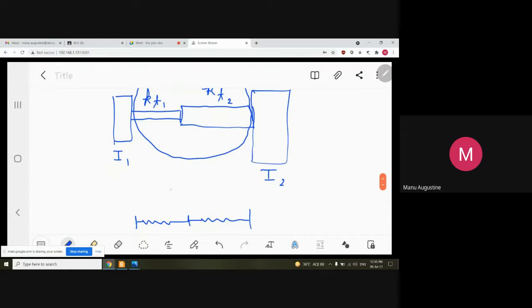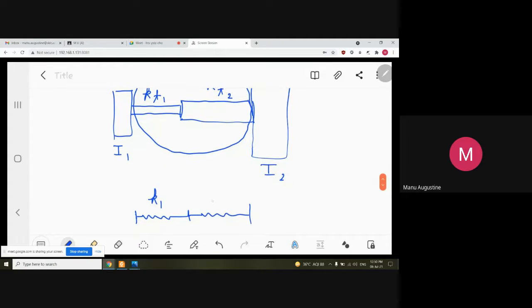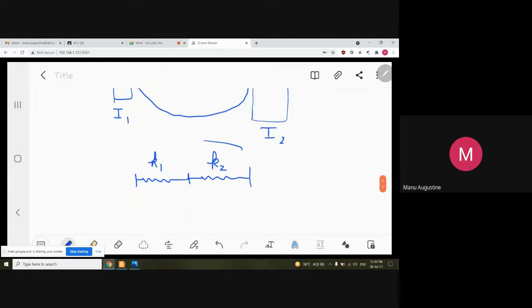See, instead of the shafts, I'm simply drawing two springs, and instead of KT1, I write a spring constant K1. Instead of KT2, I write a spring constant K2. Now, how do you convert these two springs in series into an equivalent spring? It's very simple. The formula for conversion is 1 upon K equivalent equals 1 upon K1 plus 1 upon K2.